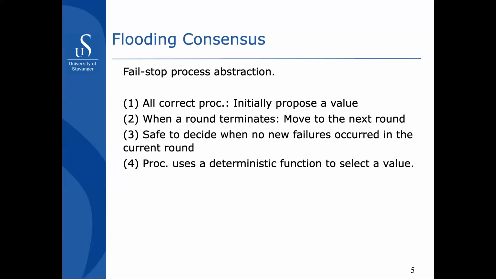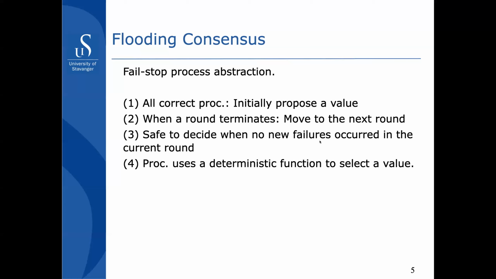In flooding consensus, we have the initial step where all the correct processes propose a value. When a round terminates, we move to the next round. Number 3, it's safe to decide when no new failures occurred in the current round. And the processes use a deterministic function to select a value. I will show you all these four things.